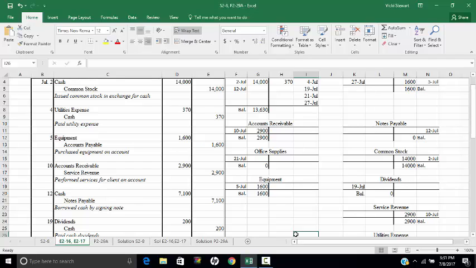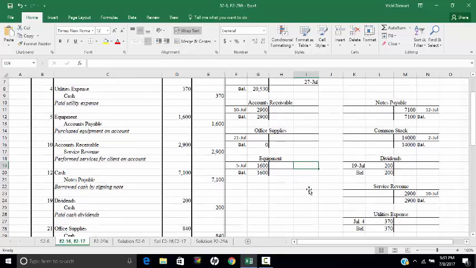And then we also got cash of $7,100 by signing the note. So we're going to debit our cash account, and we're going to credit our notes payable account. And then it says we paid dividends of $200, so we're going to debit our dividends account for $200, and we're going to credit our cash account for $200.